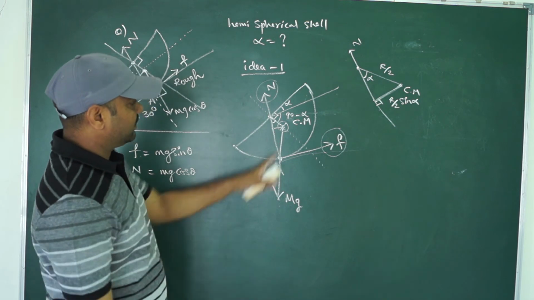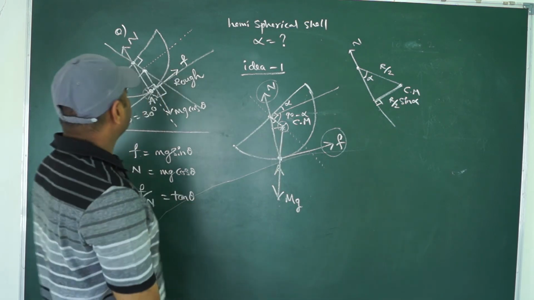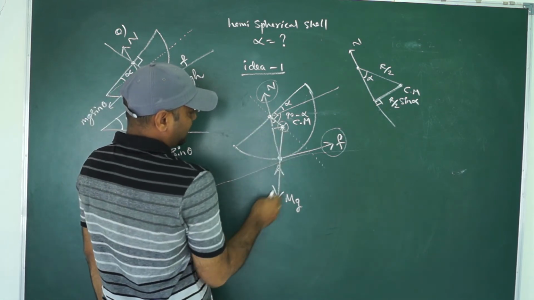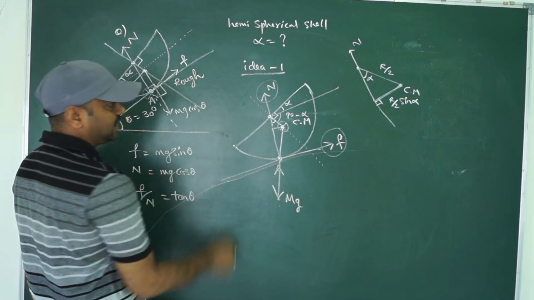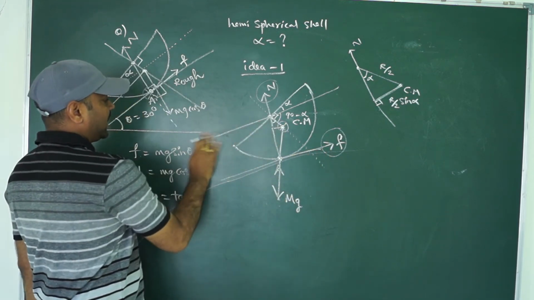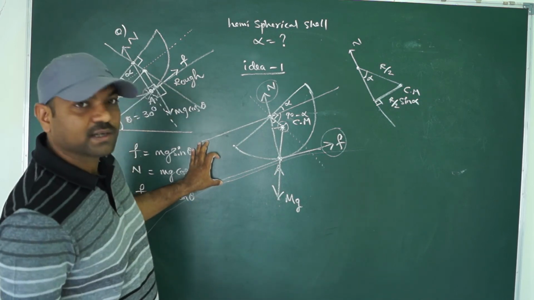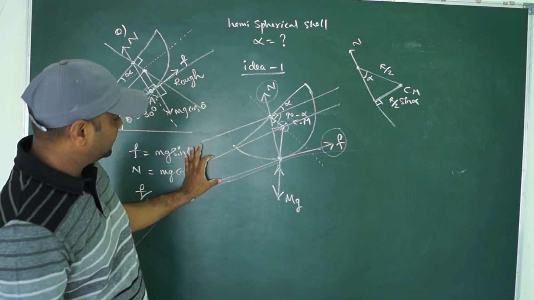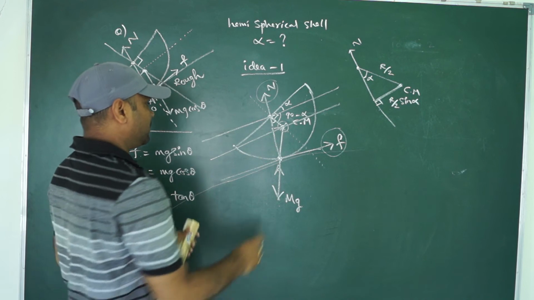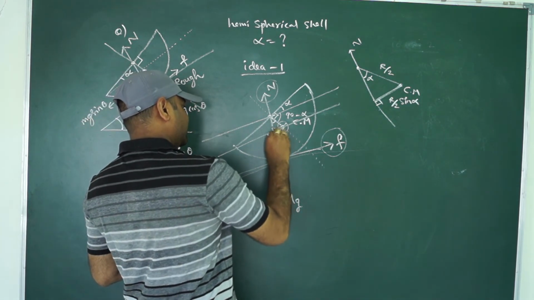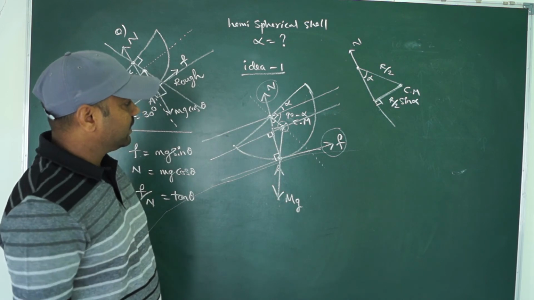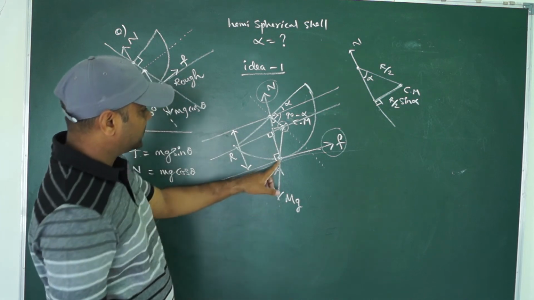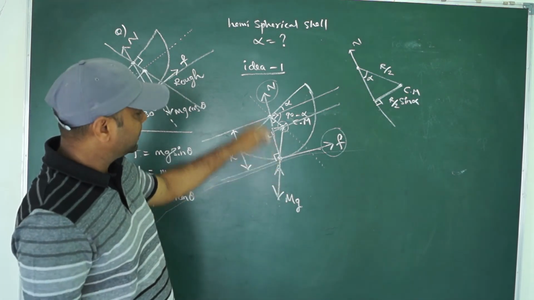Now we need to identify the perpendicular distance for the center of mass. So I have one point here. This is the center of mass and this is the friction. Now we know that friction is parallel to the inclined plane surface, meaning these two lines are parallel. Now I am drawing one more line passing through the center of mass and parallel to the incline. These three lines are parallel to each other. Now what is the perpendicular distance? This will become the perpendicular distance. The total length will become r, because this is one point on the surface and this is the center.